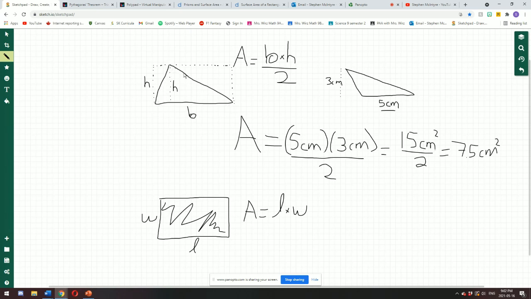So if you make a triangle with the same height and base as the corresponding rectangle, it'll just be half. So if I make a triangle in here, how do I erase this? Oh, and anyways, if I make a triangle in here, doesn't matter where the point's going to be, it's always going to be half of the area of the rectangle. Yeah, okay, all right, let's move on.